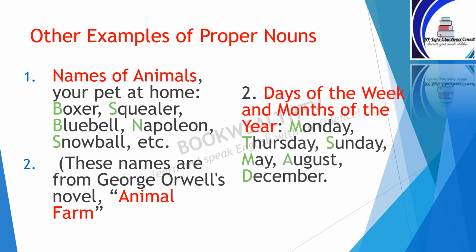Then we have days of the week and months of the year: Monday, Thursday, Sunday, May, August, December, and so on. So that name you call your pet is a proper noun and should be capitalized when you're writing it.